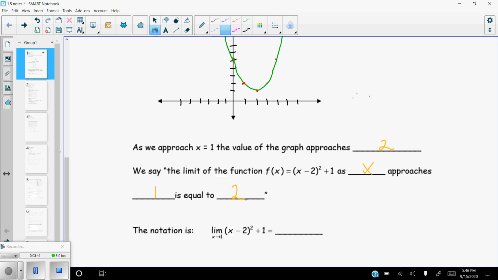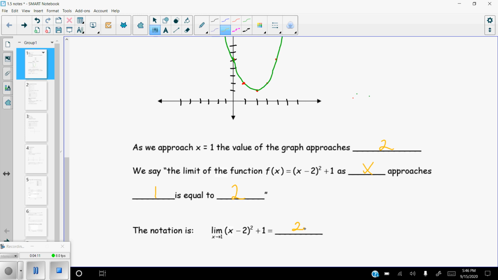We can shorten that notation to, instead of writing f of x equals the whole function, we'll just use the function itself. So the notation would be the limit, or LIM, and then below that, x with the arrow to 1 means as x approaches 1, so the x values are going to 1, of the function (x minus 2) squared plus 1, you don't have to write the f of x equals there, equals 2.